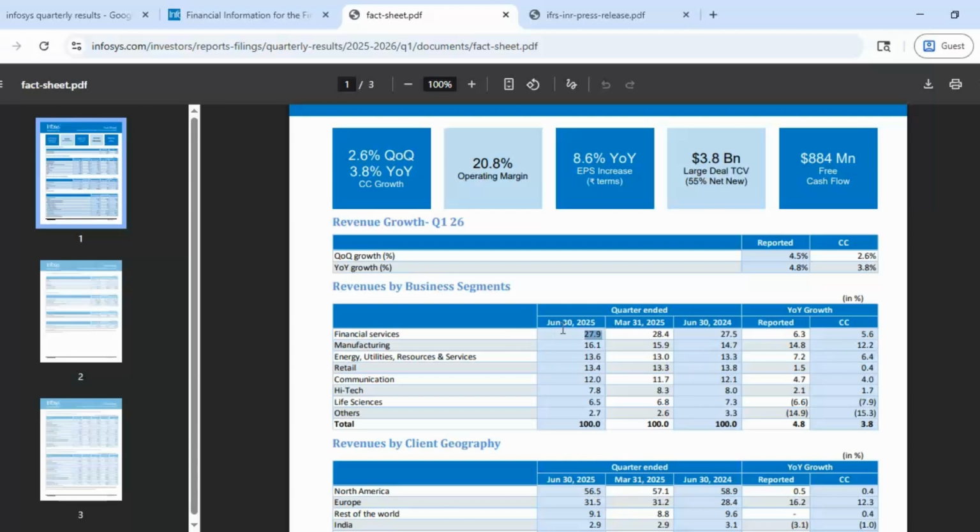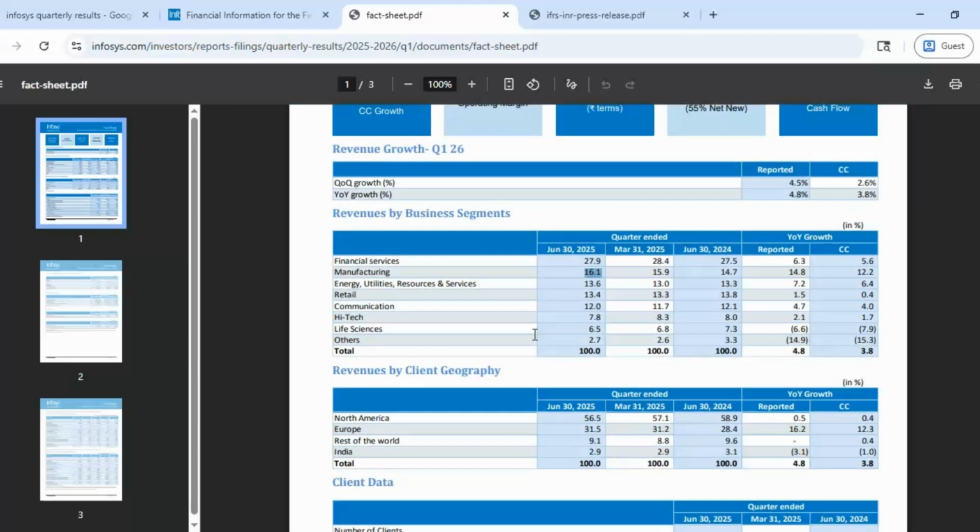So that means from here they are getting most of the revenue. Manufacturing is getting 16.1% revenue. But the thing to remember is that in the life science sector, they are getting a very small amount of revenue. And if you see year on year growth, they are getting a negative growth here.